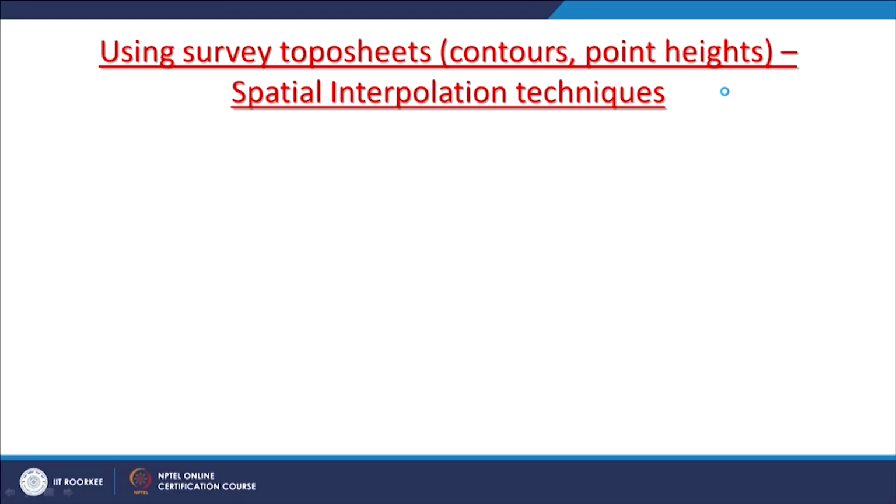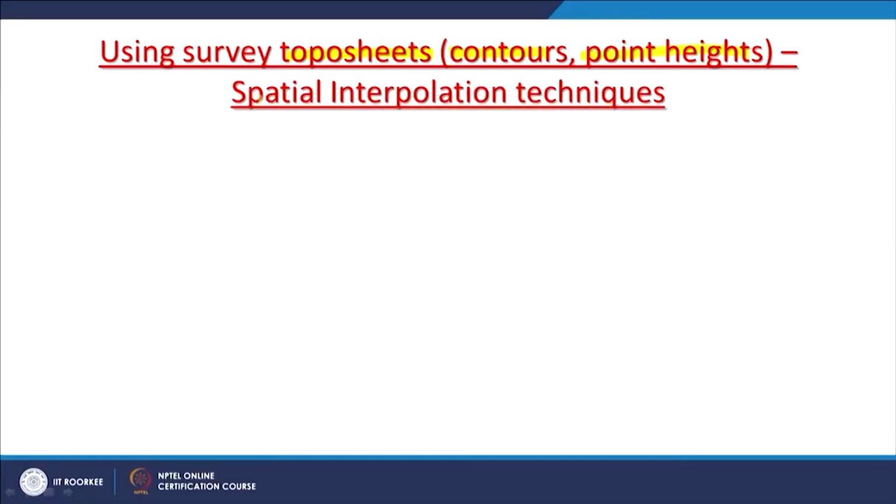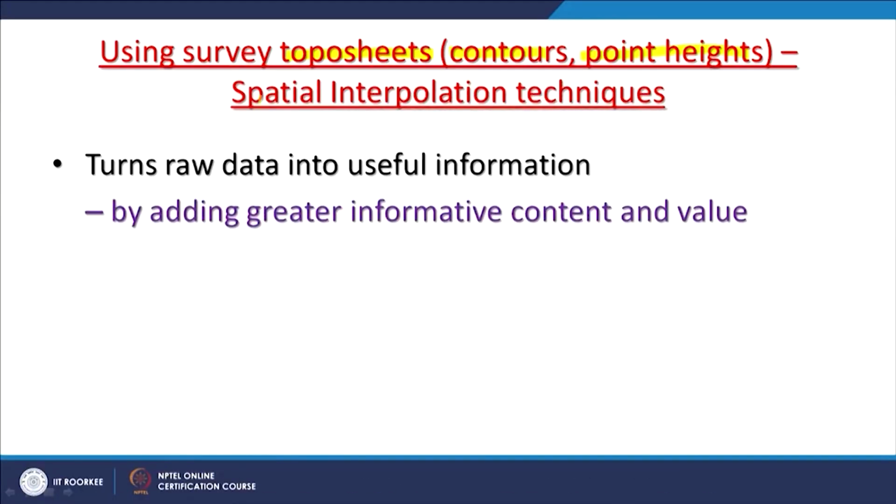We will discuss these one by one in these 3 lectures. The first one is based on survey topo sheets, using contours or point heights and spatial interpolation techniques. From this perspective I am discussing a little bit about spatial interpolation also. As you know, spatial interpolation techniques basically turn raw data into useful information. Raw data here is generally point heights.